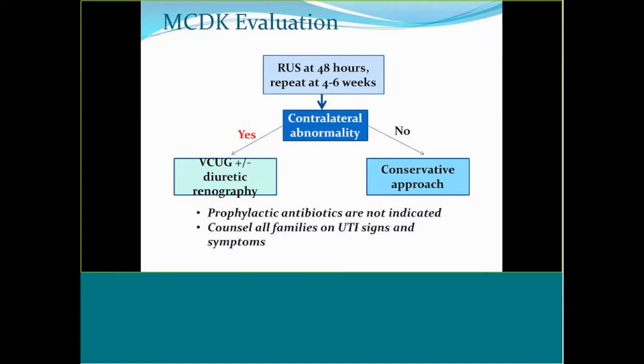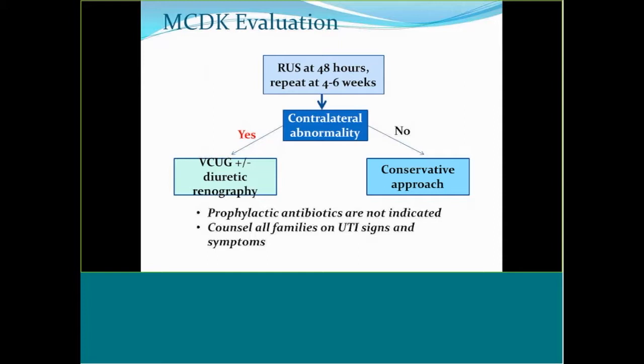So the general recommendation for evaluating these infants once they're born is to do a renal ultrasound at about 48 hours, repeated at about 4 to 6 weeks, because you want to see if there's any contralateral abnormality. If the contralateral kidney looks fine, just follow them conservatively with the annual check.